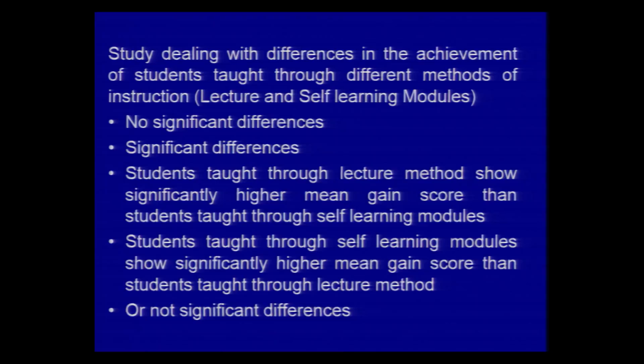And you may come across some studies in which students taught through the lecture method show a significantly higher mean gain score than the students taught through self-learning modules. Or you may come across studies which say students taught through self-learning modules show a significantly higher mean gain score than the students taught through the lecture method.